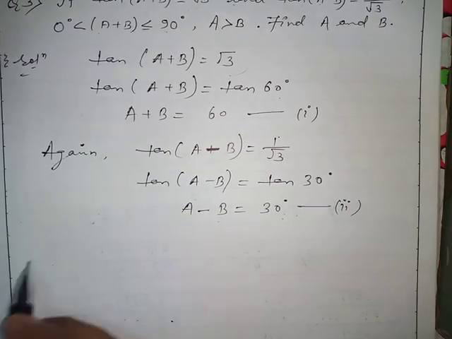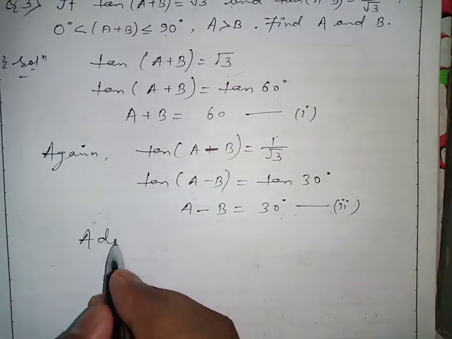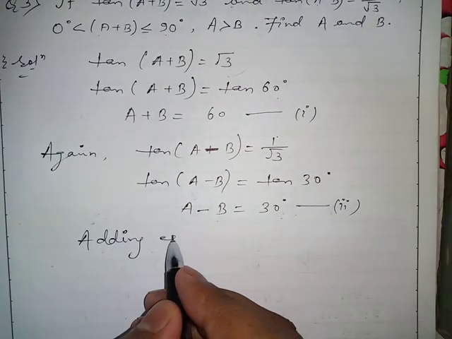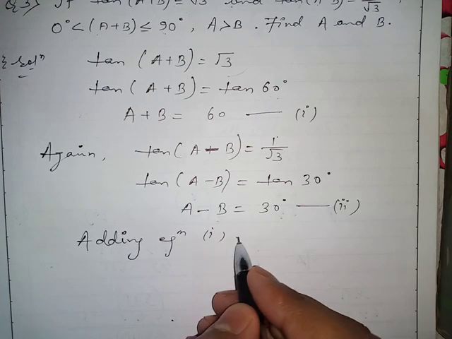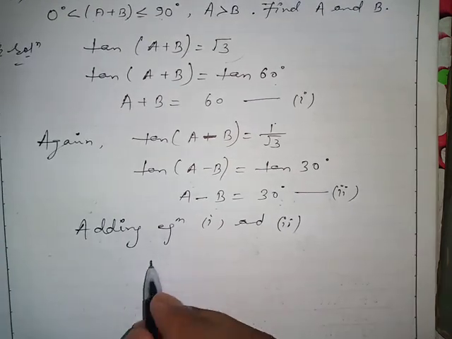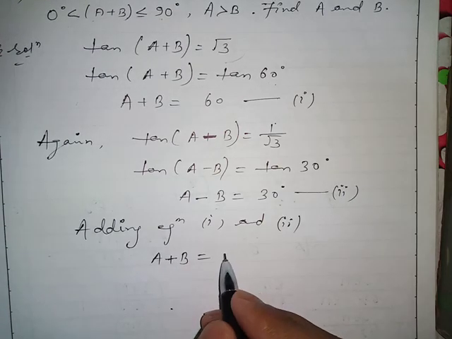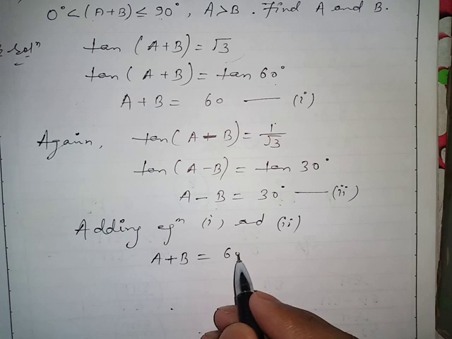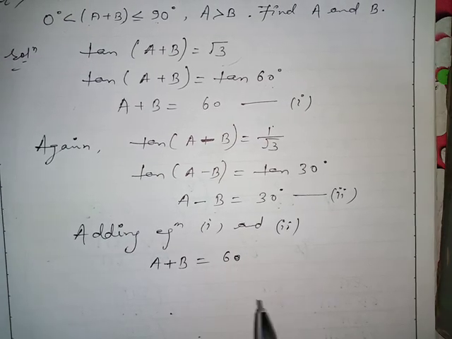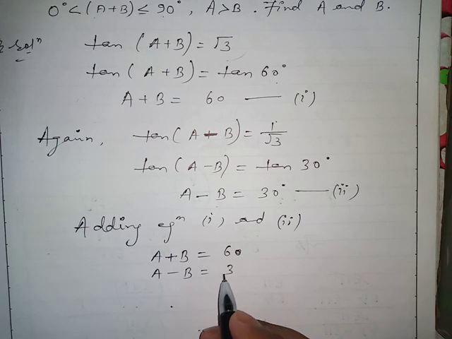Okay, very simple. Now what we will do, you will just add these two equations. Okay, now see, adding equation first and second. So first equation is what? a plus b is equal to 60 degree. Okay, you will write 60, and here a minus b is equal to 30.